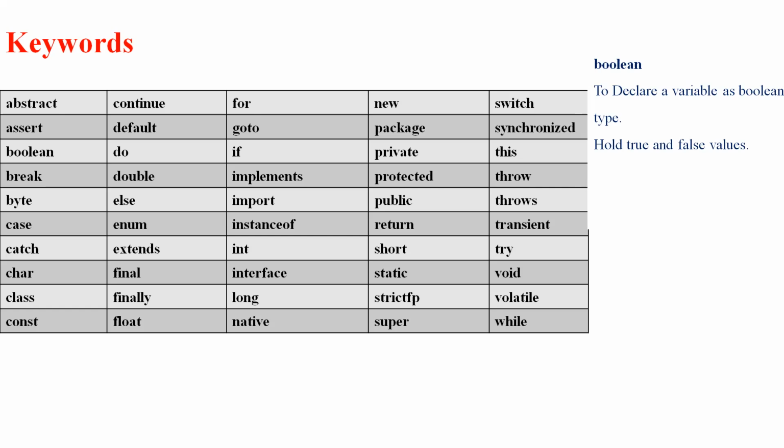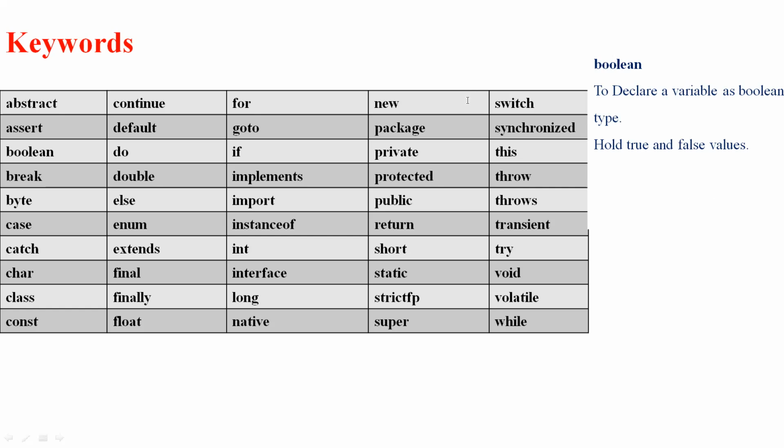We also call it yes or no, and also 0 and 1. So Boolean is represented from different perspectives: yes or no, or 0 or 1, to represent the Boolean condition. So the boolean keyword holds the values true and false.